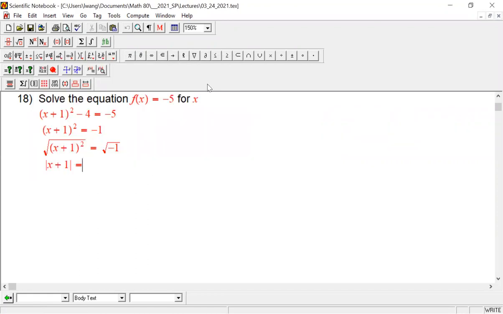On the other side, we encounter the square root of -1. That is interesting. Have you guys seen the square root of a negative number? It is no longer a real number, right? It's called a complex number.